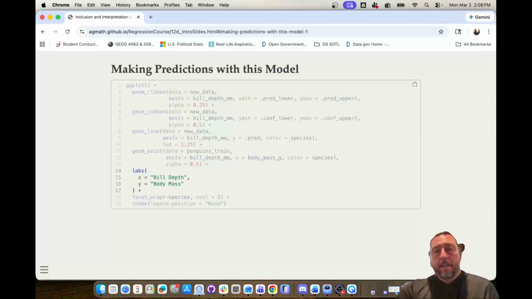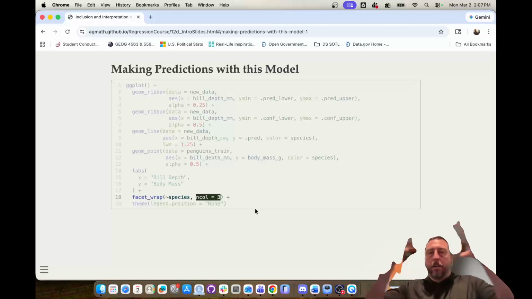Now we're going to label the plot. So I've got an X and a Y axis label. I'm going to facet this out so that I can see each species individually. So facet_wrap breaks your plots up by category. Tilde species here means I want one plot for each species. So I want my plots as explained by species. And then ncol equals 3 says I want 3 columns in the plot output.